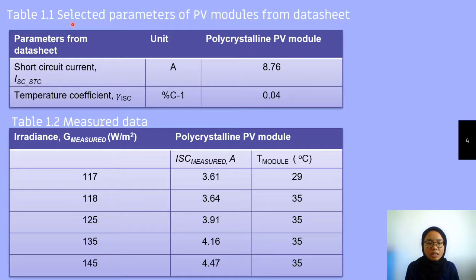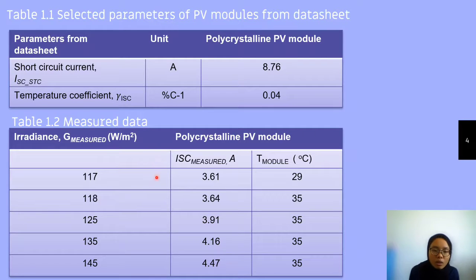So next we can see this is table 1.1 of selected parameters of PV modules from datasheet. So for short circuit current we got 8.76 ampere. For temperature coefficient is 0.04. This is the unit. So for table 1.2 measured data, we have irradiance of G measured with watt per meter square and polycrystalline PV modules of ISC measured with ampere and T module of degree Celsius.